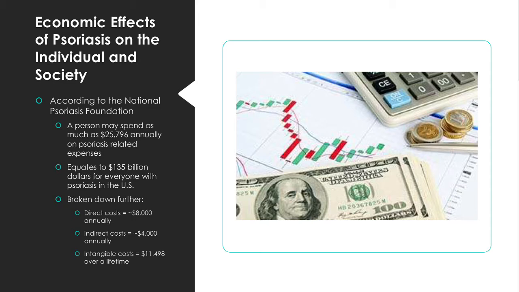When broken down further, the direct cost is roughly $8,000 annually per person. The indirect cost is roughly $4,000 annually per person. And then intangible costs is around $11,498 over an entire lifetime.